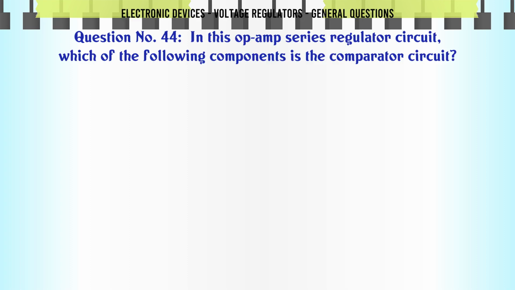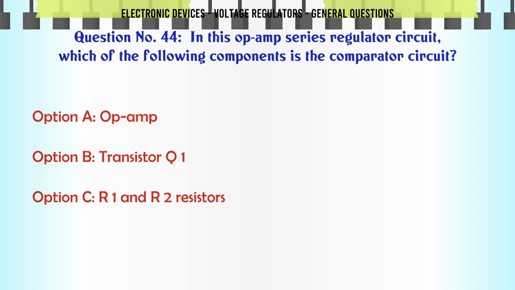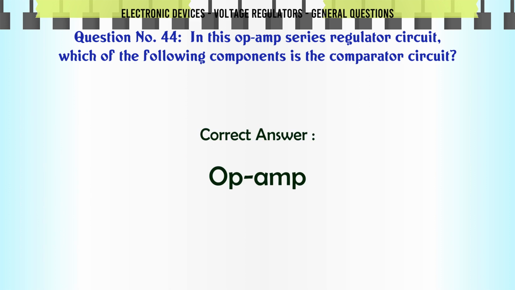In this op-amp series regulator circuit, which of the following components is the comparator circuit? A. Op-amp, B. Transistor Q1, C. R1 and R2 resistors, D. Zener diode. The correct answer is op-amp.